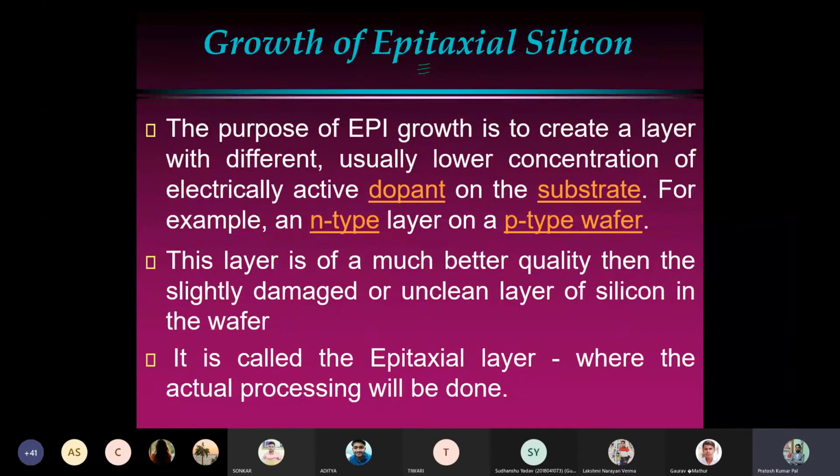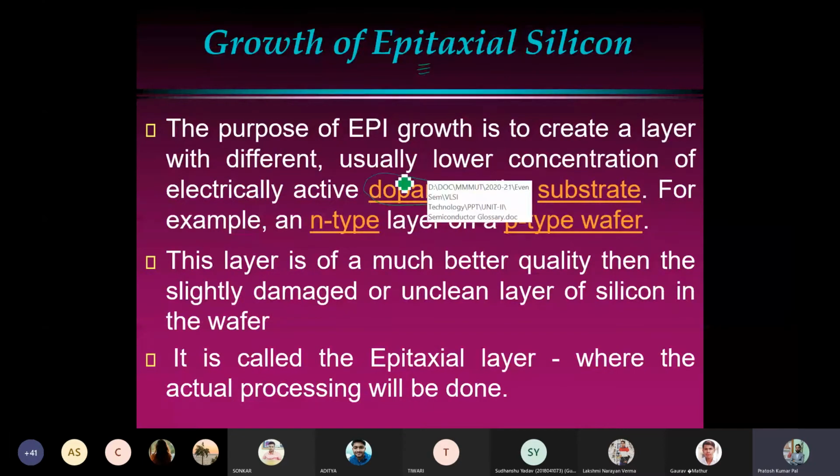The purpose of epitaxial growth is to create a layer with a different, usually lower, concentration of electrically active dopant on the substrate. Whatever substrate we have taken, the wafer will be considered as the silicon substrate. Onto that we will be depositing different impurities in terms of doping, to make this substrate either N type or P type.